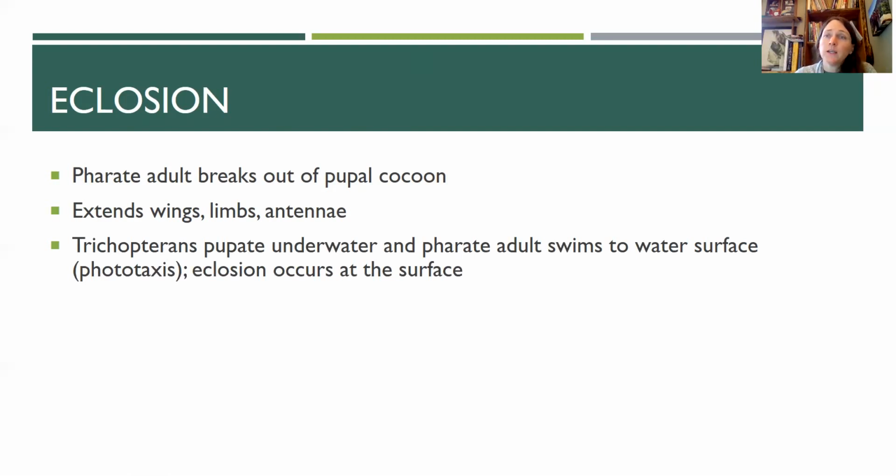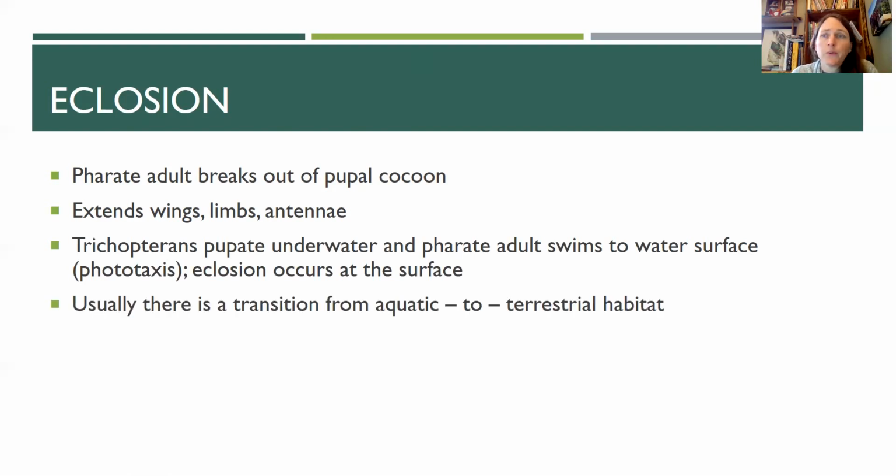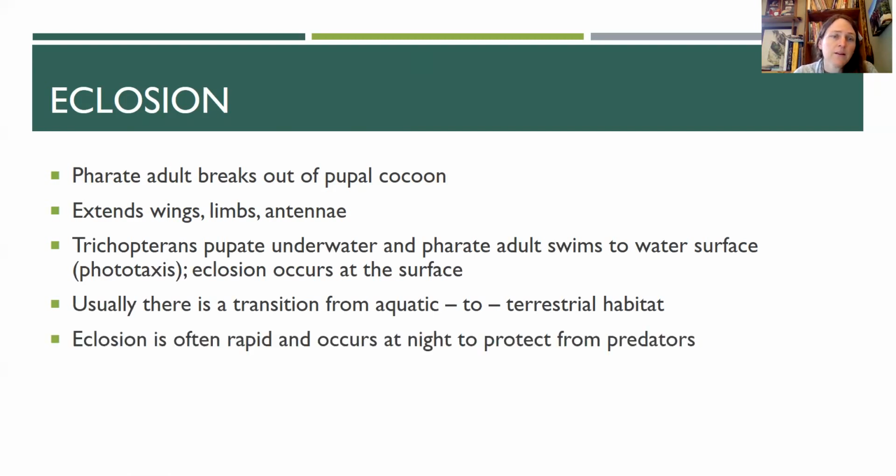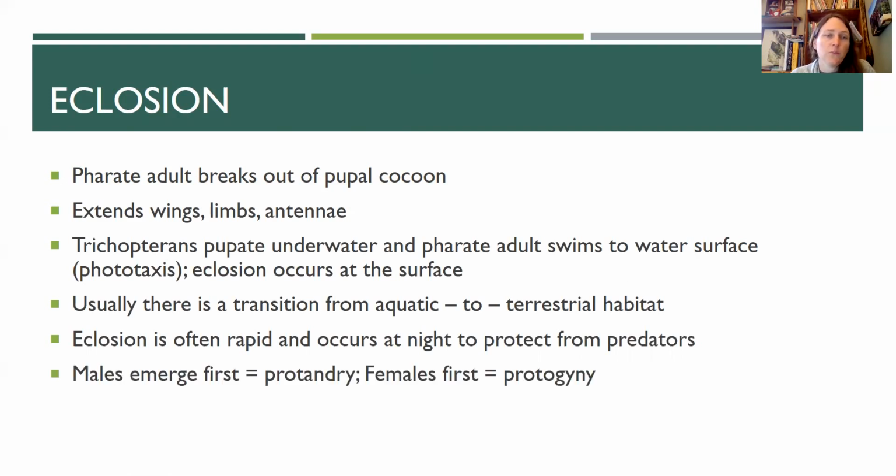And then eclosion, kind of the extension of the wings, occurs at the surface. Usually for aquatic insects, there's a transition from aquatic to terrestrial habitat. And eclosion is often really fast because they need to move through that pharate stage to the point where they can fly away from predators. And so eclosion happens quickly. It often happens at night to protect the organisms from predators.